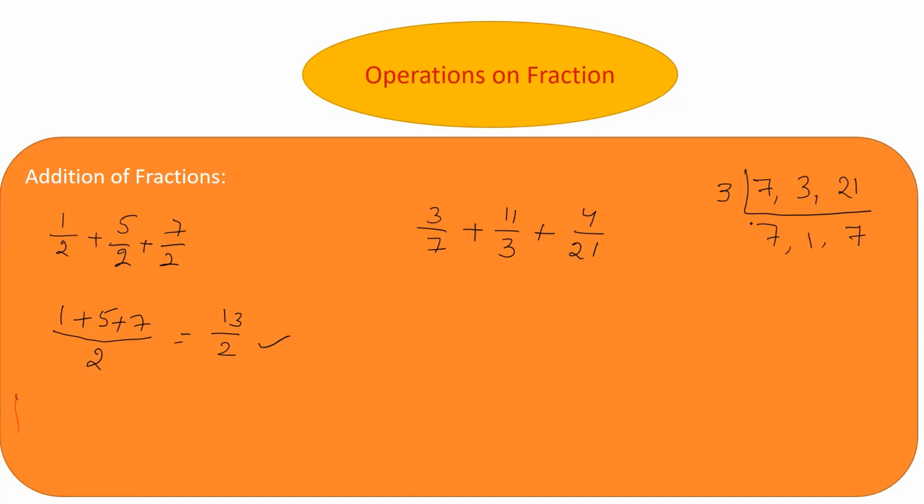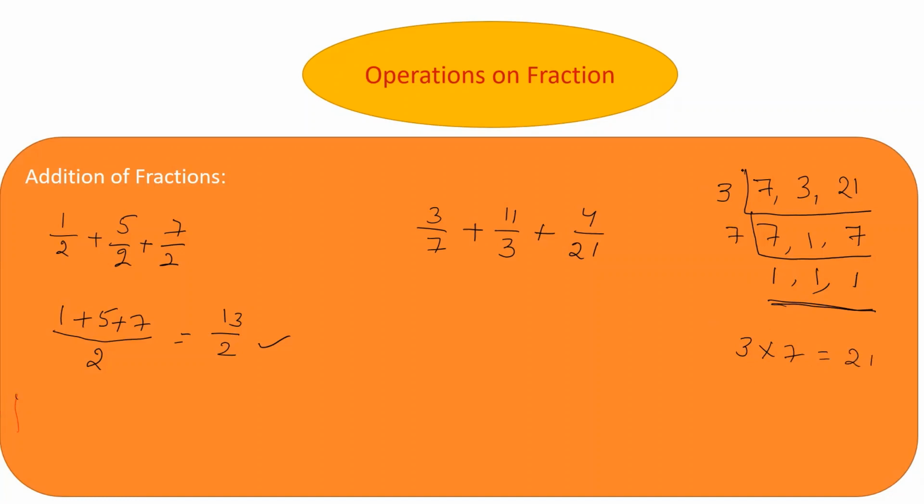Next here we have 7, 1. Next, 7 and 7 will come in the 7 table, right? 7 ones are 7, and write as is 1. 7 ones are 7. At the last we should get all ones. If we get all ones, the LCM is done. So we have to multiply 3 into 7. 3 sevens are 21.